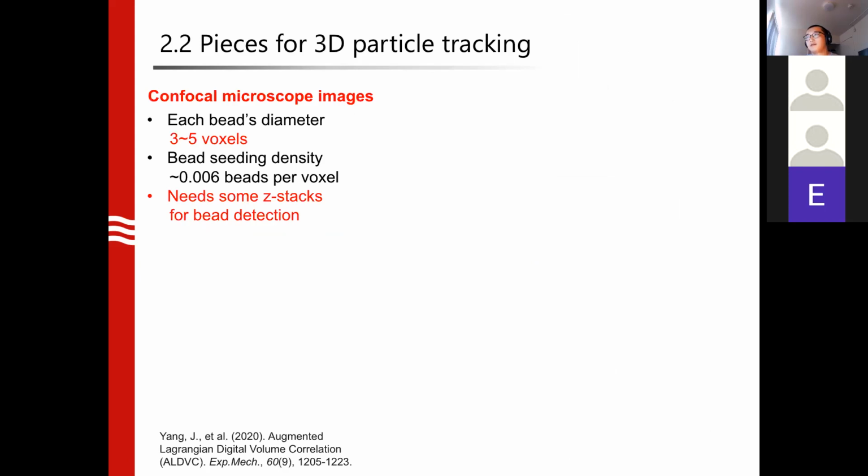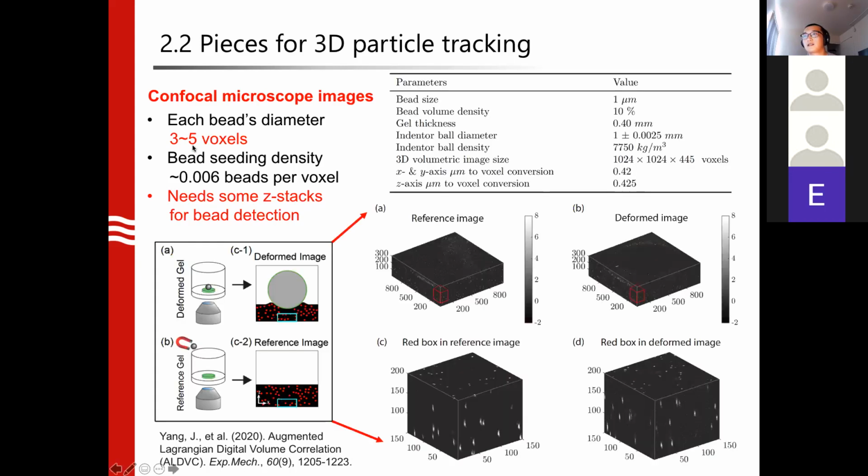Similarly, for the 3D particles, for example in a biology experiment, you put in some fluorescent beads, some ideal particles. For your imaging, each particle should have some size. For example, the diameter should be between 3 to 5 voxels.